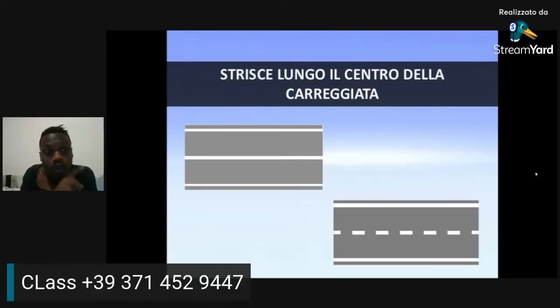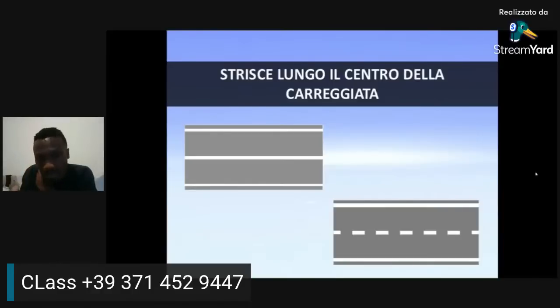But you cannot do overtaking by crossing in the opposite direction road. You cannot do overtaking by entering in the opposite direction road. That is the meaning of the first straight line.